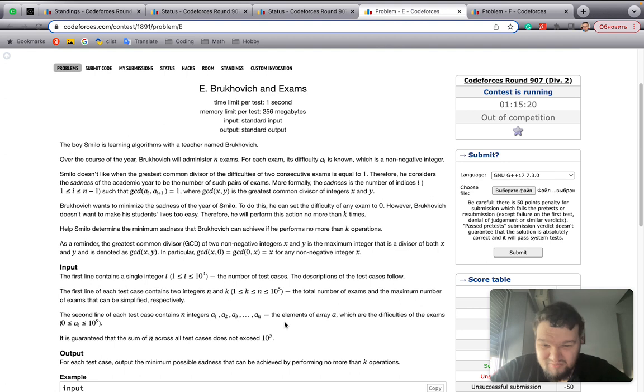Okay, so the problem is we are given an array of n integers that can be 0, non-negative. We can change at most k of them to zeros. We want to minimize the number of consecutive pairs that are coprime.